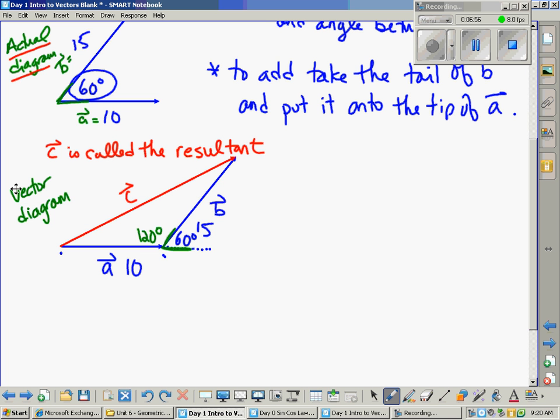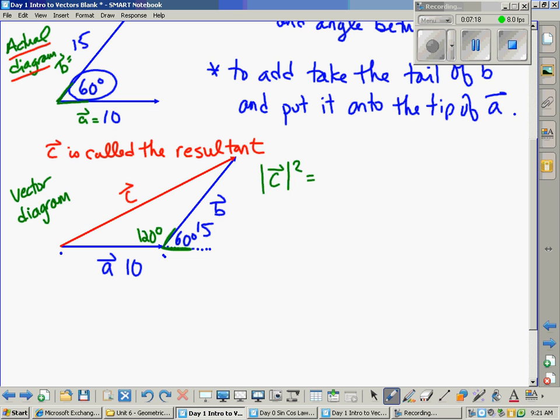In this case, we're solving for C. So we say vector C squared. And you'll notice I'm only looking at the magnitude right now, so I'm going to put the absolute value symbols around C. This is just to ensure that I know that I'm looking at just the vector's magnitude.